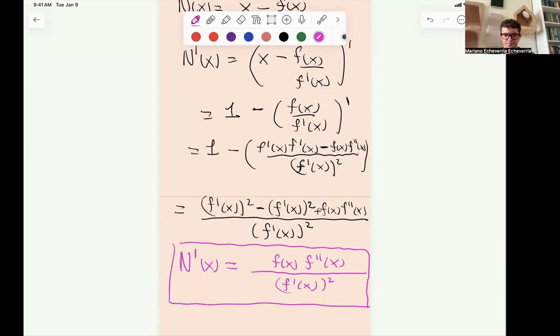Is that okay, how I found the first derivative? Be careful, because you cannot cancel these two, since this one is the second derivative and this is the first derivative squared, which is different, right?